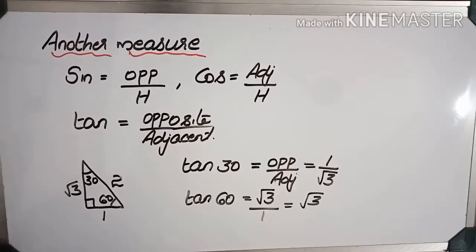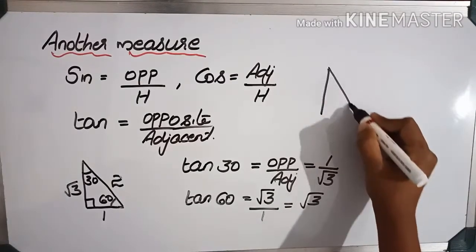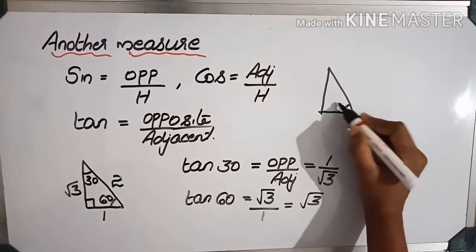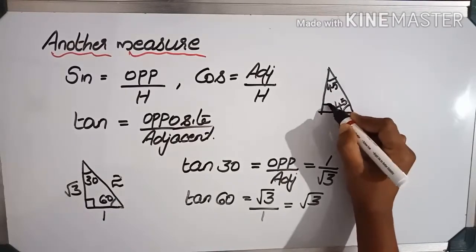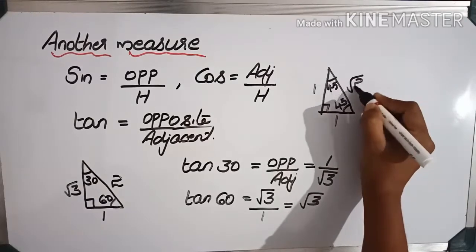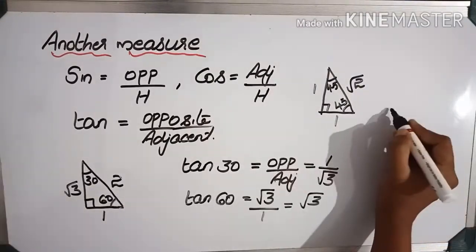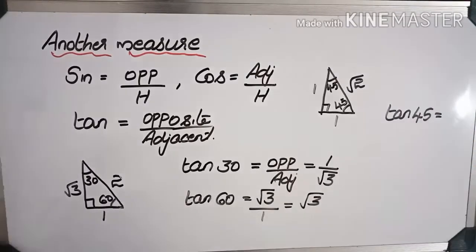Now one more triangle we learned. What was that? 45 degree angle, isn't it? So here 45 degree, here also 45. This is 90. Ratio is 1 is to 1 is to root 2. From this we can write tan 45. Tan 45 means opposite side by adjacent side.